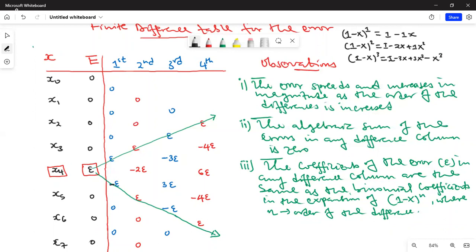The coefficients are 1, negative 3, 3, negative 1. You see it here? 1, negative 3, 3, negative 1. So they are there. Even if you expand when n is 4, you'll get the coefficients to be 1, negative 4, 6, negative 4, 1. So that explains the third observation.